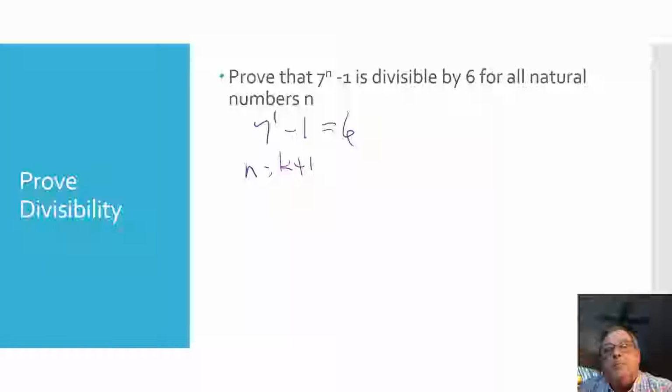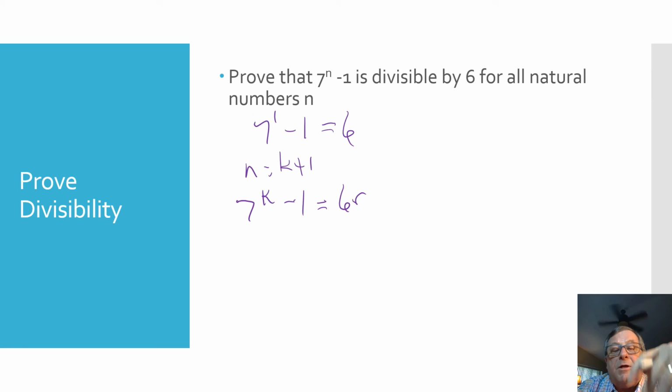Then we would say that, we are assuming here, we haven't gotten to this k plus 1 yet, that 7^k minus 1 equals 6r, so some integer multiplied by 6. And then we can say that 7^k is equal to 6r plus 1.